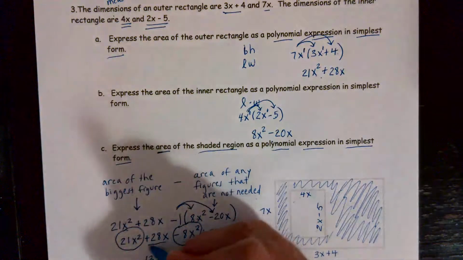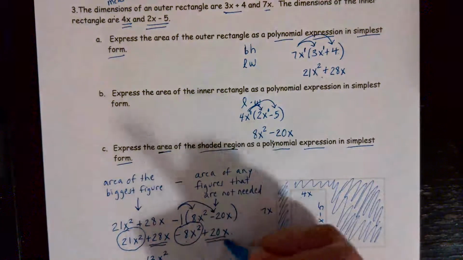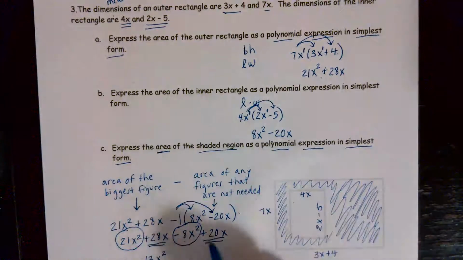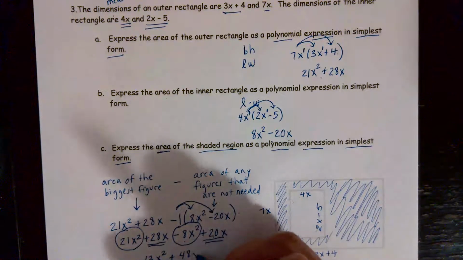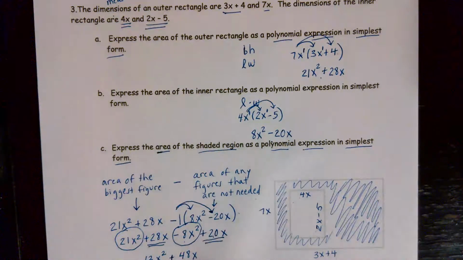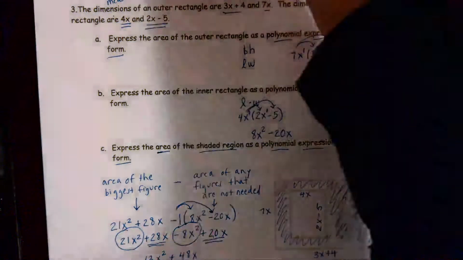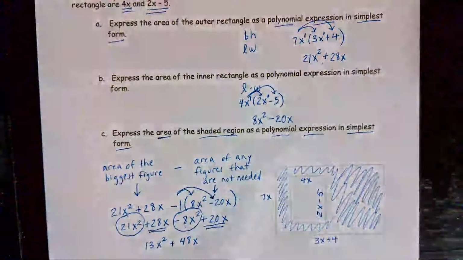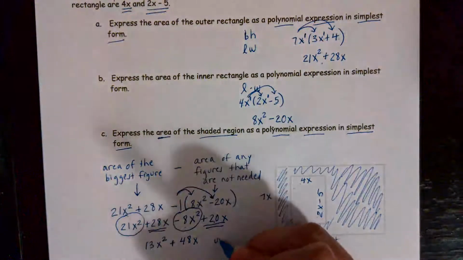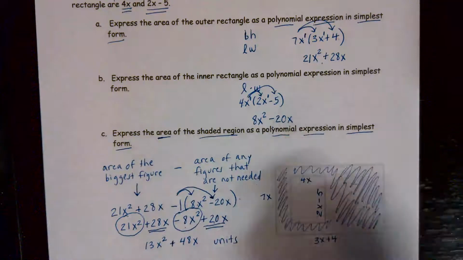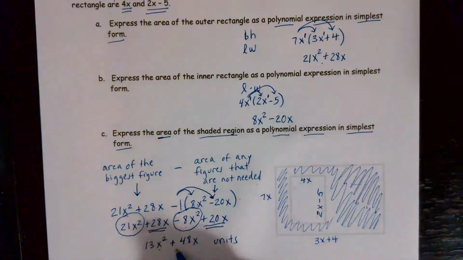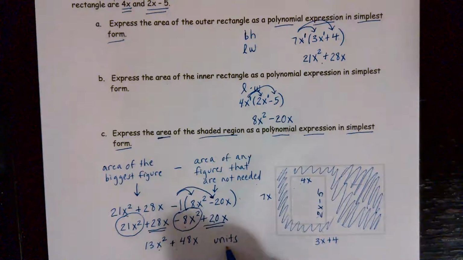Now I have a positive 28x and a positive 20x, same sign sum, and I add that together, and that's positive 48x. Since I'm talking about measurements, and they didn't say inches or feet, I'm going to write units. So the area of this shaded figure is 13x squared plus 48x units.